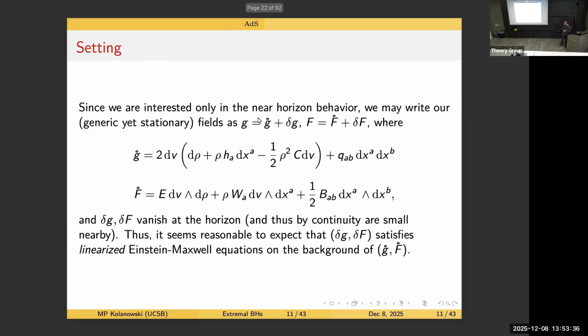Okay. So now we want to do this for Einstein-Maxwell. Let me mention one more thing: this result for the scalar field was observed only locally. We only looked at near horizon dynamics.